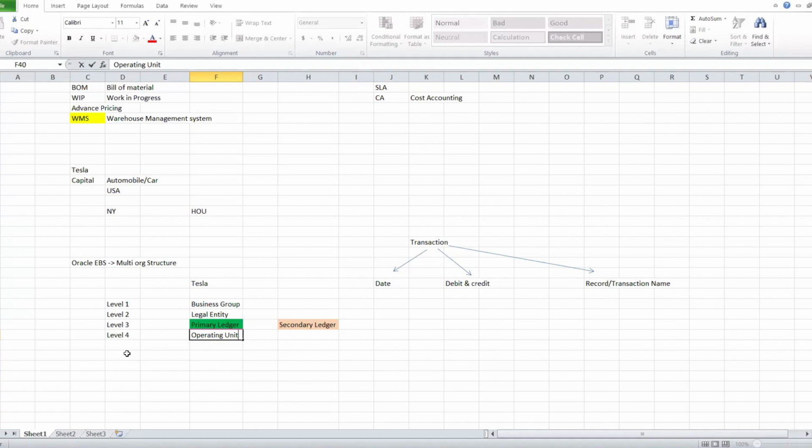In level 5, we come to the inventory org. This operating unit we will call OU, and this inventory org we will call inventory org. That means it is the level 5 org, and OU means operating unit.